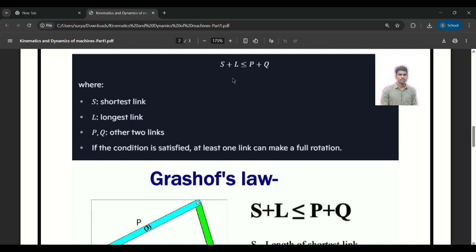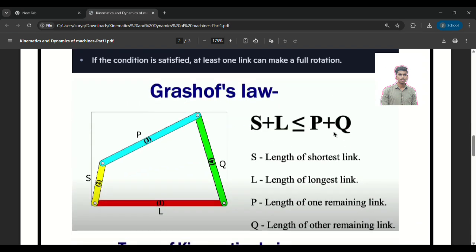You can see the formula here: S plus L is less than or equal to P plus Q. S is the shortest link, L is the longest link, and P and Q are the other two links. If the condition is satisfied, at least one link can make a full rotation, which plays a crucial role in Grashoff's law.